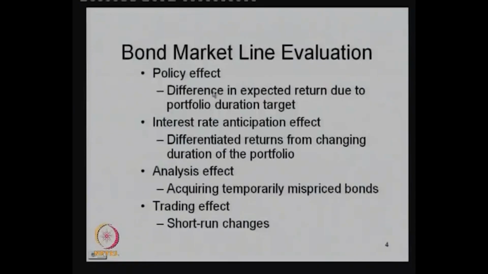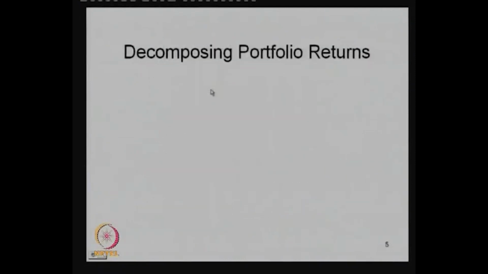So, the trading effect, which is very volatile in a short period of time, also has an impact on the risk profile of the bond portfolio at a particular time period. So, we should always look into that whenever we deal with bond market evaluation.